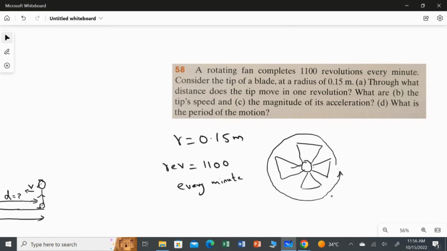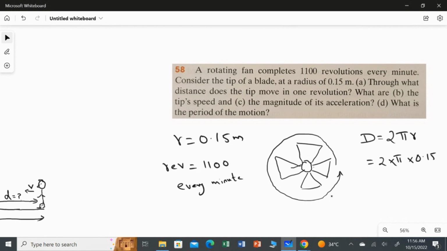First question, through what distance does the tip move in one revolution? So if the fan completes one complete revolution, how much distance will it cover? It is nothing but the circumference of the circle. Am I right? So here the distance covered by the fan tip for one complete rotation is exactly 2 pi r. So 2 multiplied by pi multiplied by the r value here, which is 0.15.